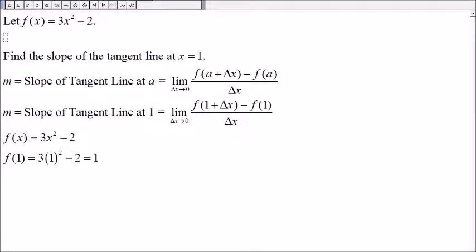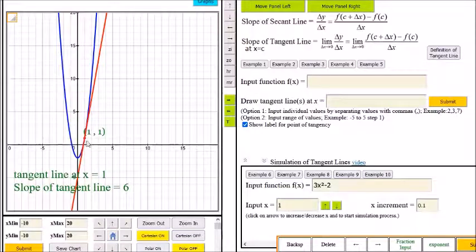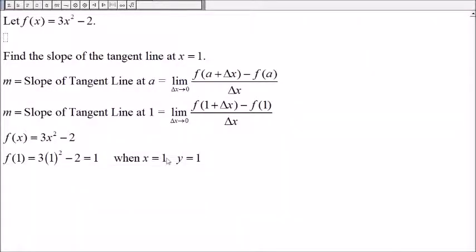And so again, right here, this says that when x is 1, y is 1. And that's where that point (1, 1) comes from. That's why the tangent line passes through the point x1, y1. It is right here, x1, y1.